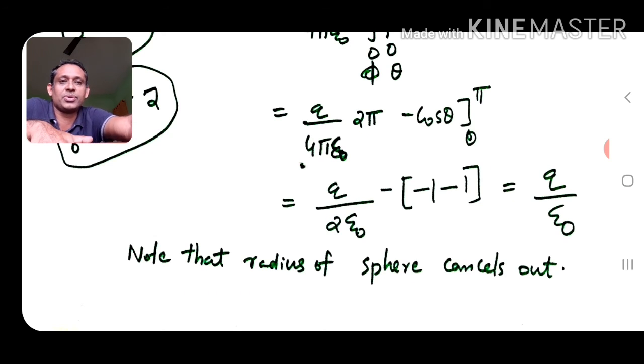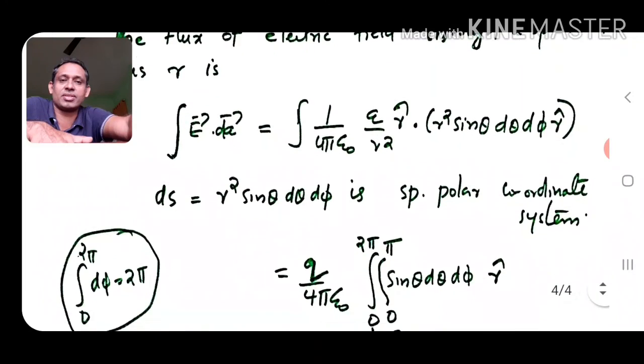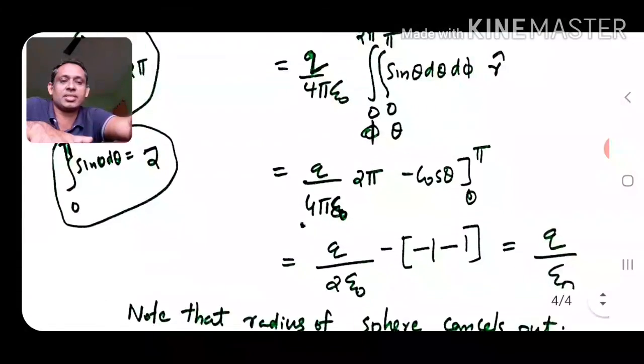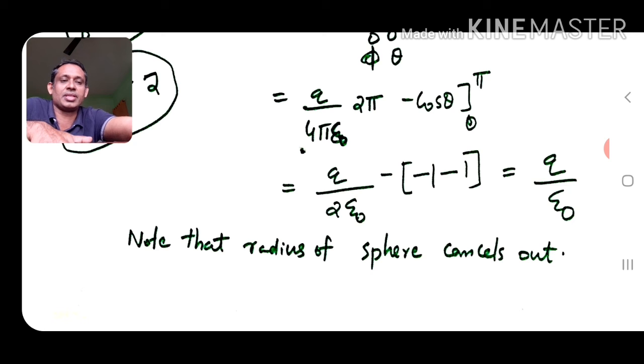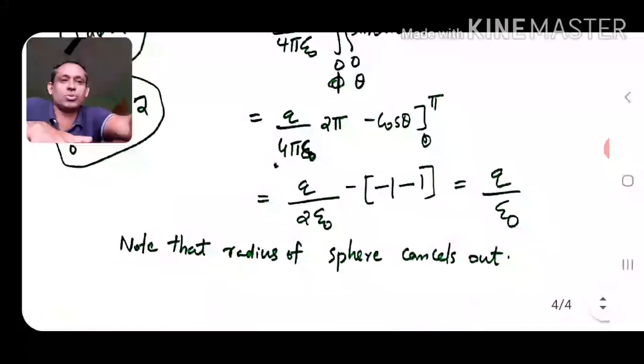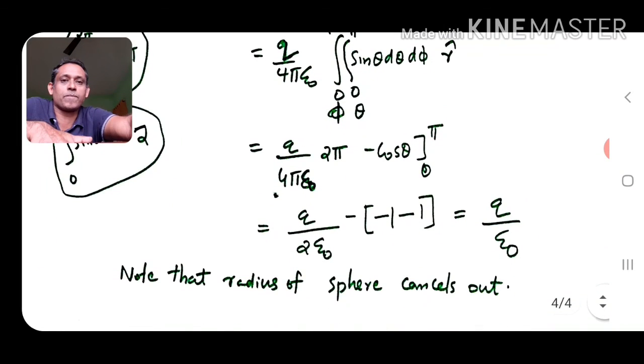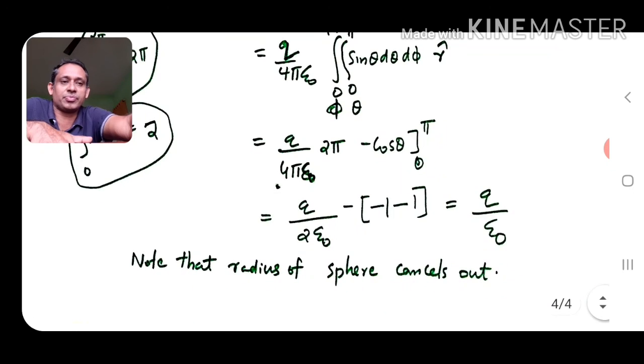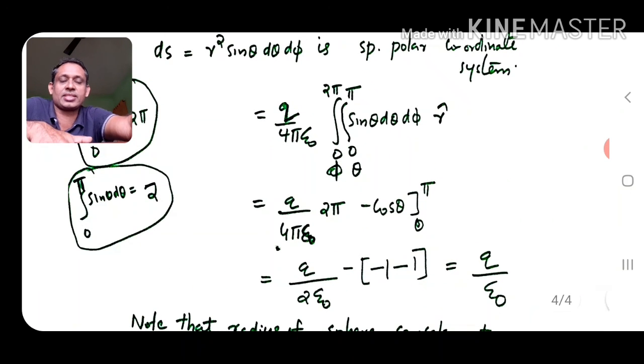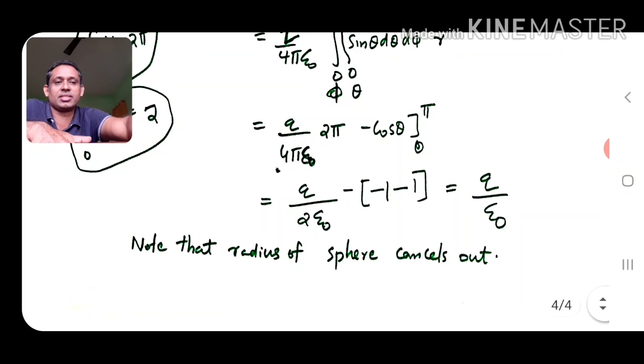So you can imagine a sphere of any radius, because in the integration the radius does not come. So the flux we are calculating is q by epsilon 0, whatever be the radius of the sphere.